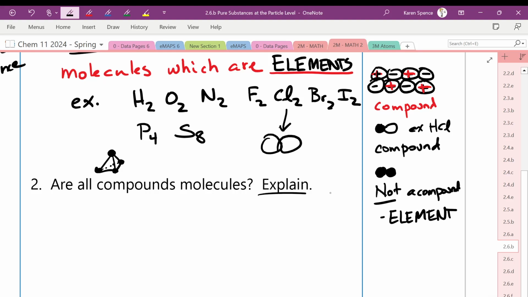The compounds are different. Right? But molecules just gotta have two or more atoms bonded together. So we have to go with yes. Unless I'm missing something, does the compound have to be metal and non-metal, or just?